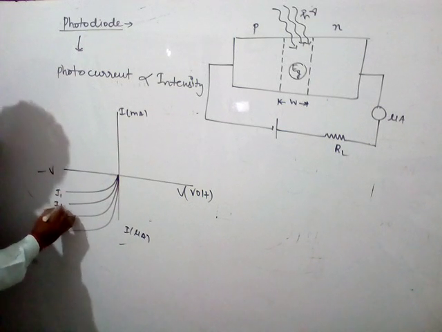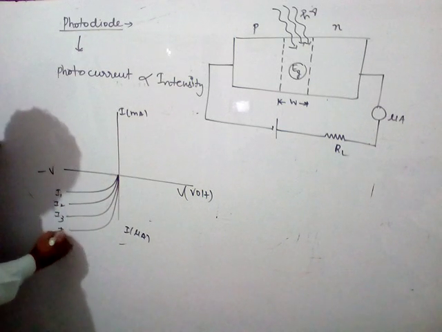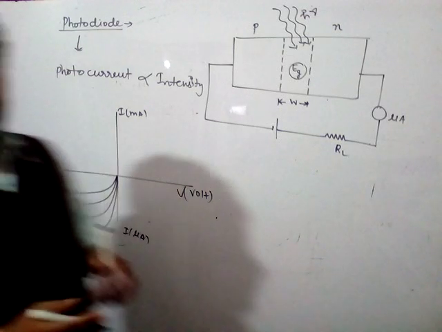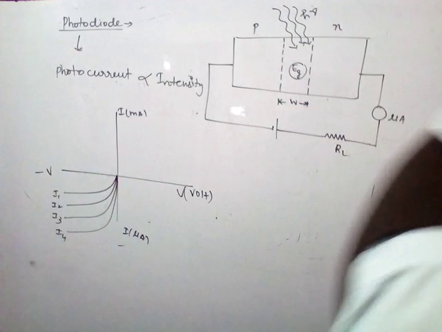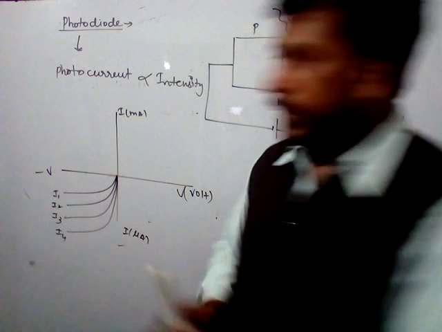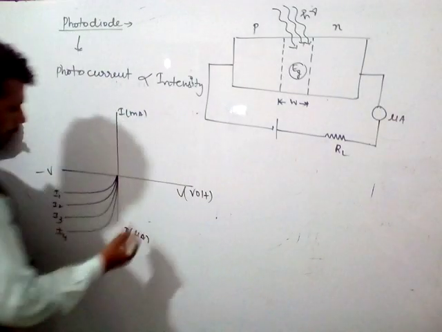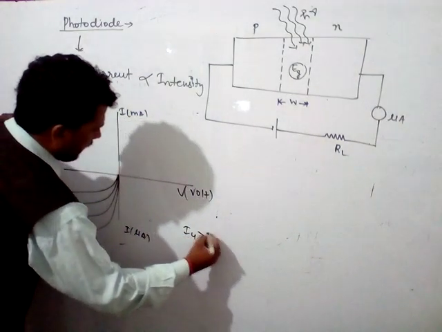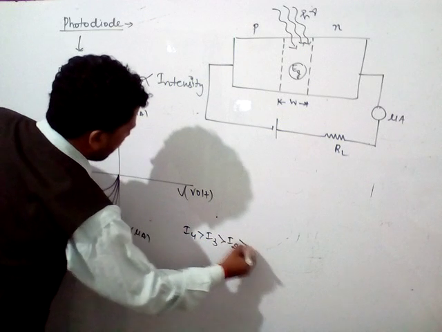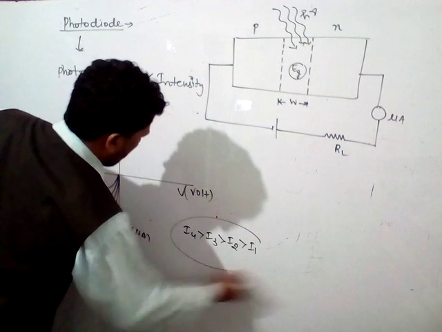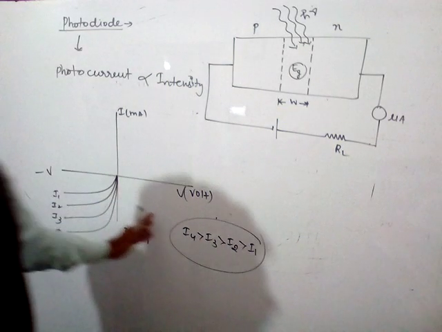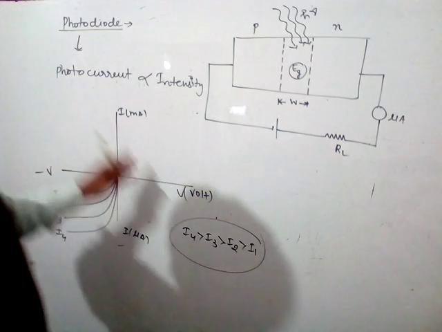I1, I2, I3 and I4, and this current increases continuously in reverse biasing like this. I4 is greater than I3, greater than I2, greater than I1. So this is the order, and this is the IV characteristic curve for this photodiode.